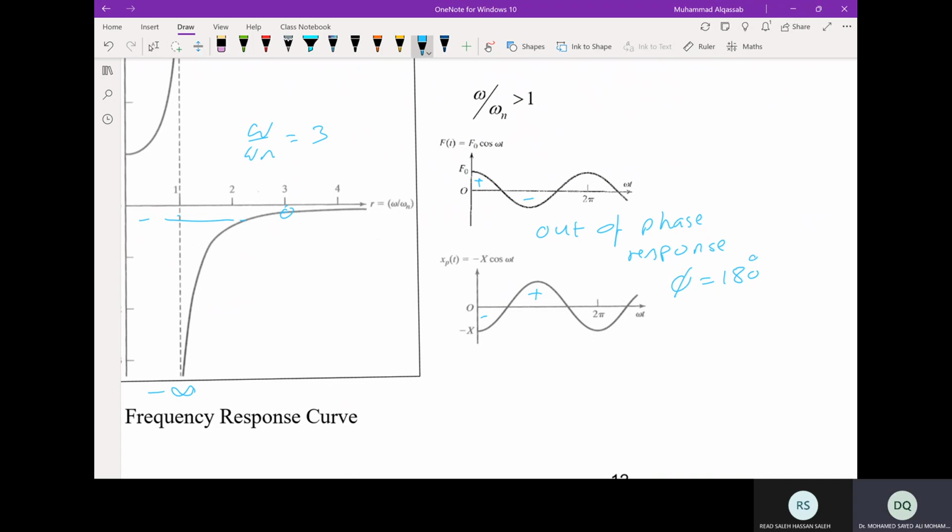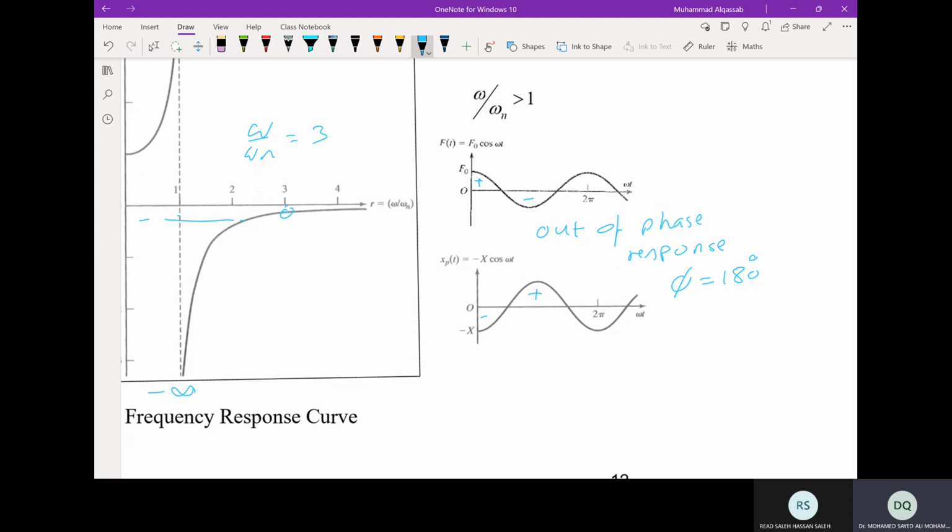The force and the mass are moving in opposite directions. So if the force is positive, let's say it is pushing downward, the mass is moving upward in the opposite direction. And when the force is negative, which means its direction is upward, the mass is moving downward in the other direction.